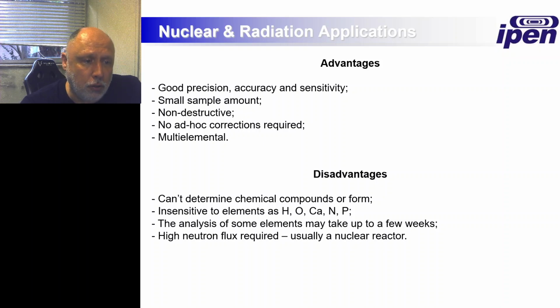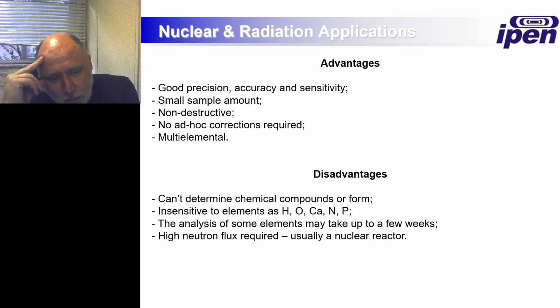And the other thing is, as I told you, it's insensitive to things like hydrogen, oxygen, calcium, nitrogen, phosphorus, and a few others. And this can be a limitation sometimes, especially hydrogen would be good to measure, right? Oxygen too, well, all of these in fact.